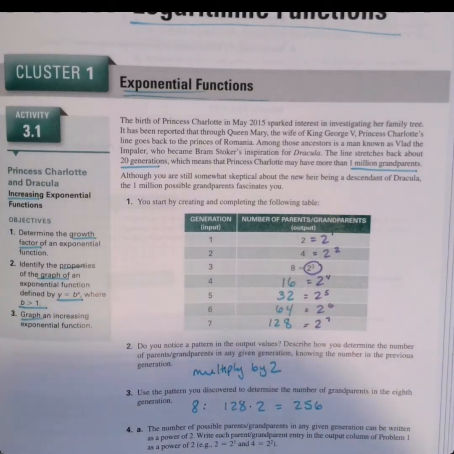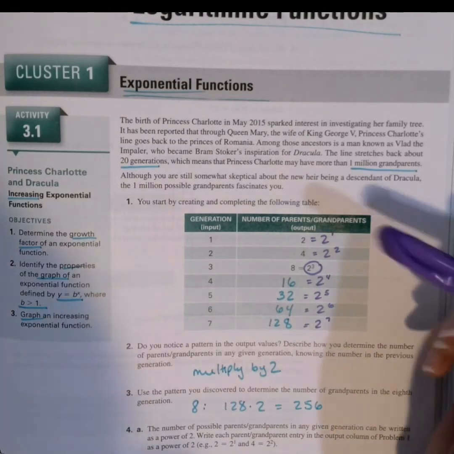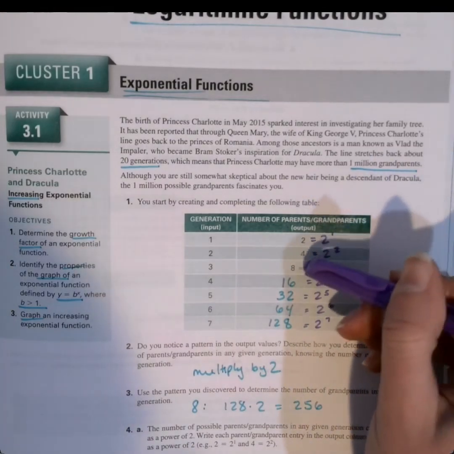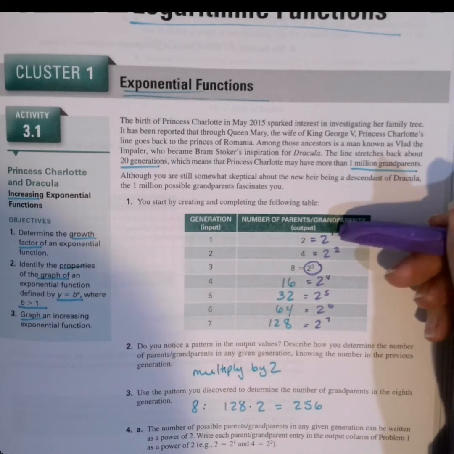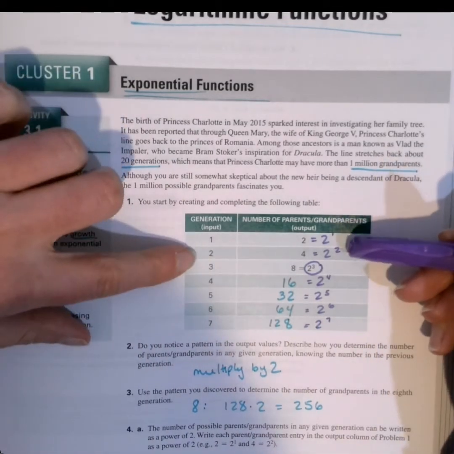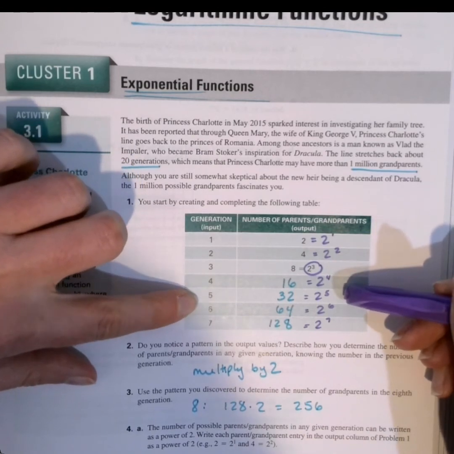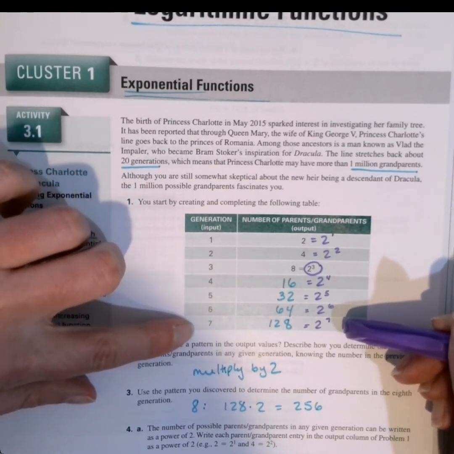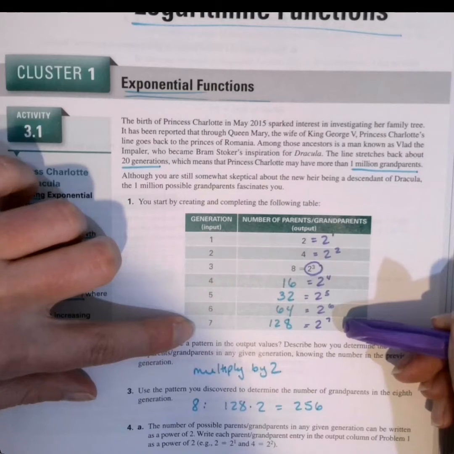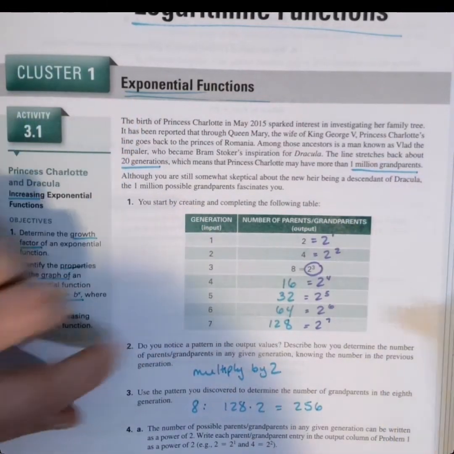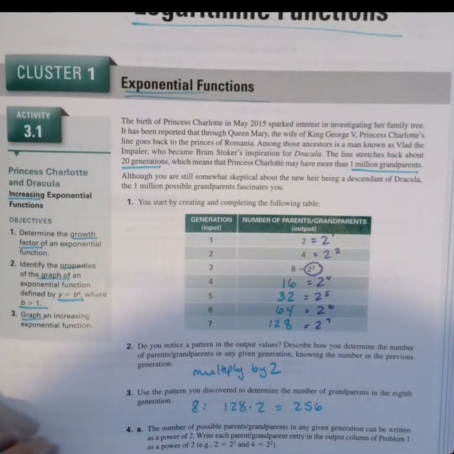So if we're working in terms of the exponent notation, we can see that what stays the same is the 2 each time, and the power actually matches up to the input, the generation. So this is going to be an exponential function, where the power is the thing that changes as you go from one generation to the next.